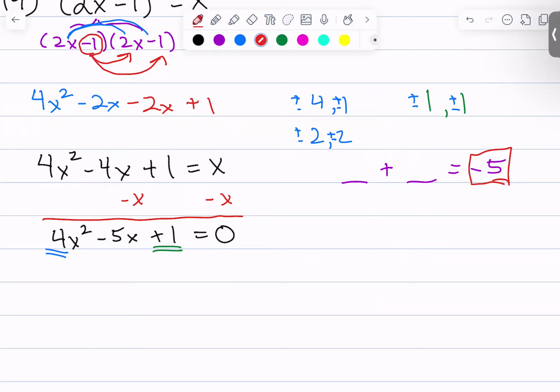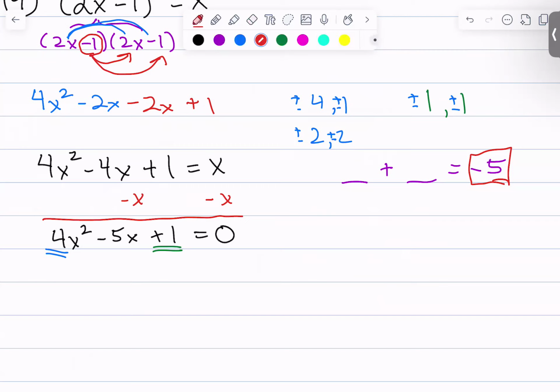So negative 4 times negative 1 is positive 4. Negative 1 times negative 1 is 1. That doesn't get me a negative number.